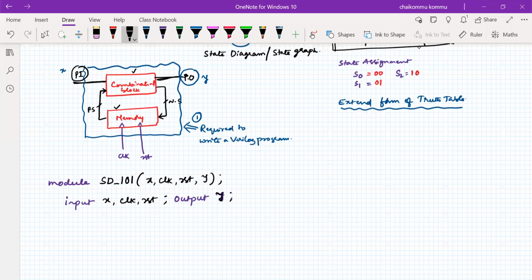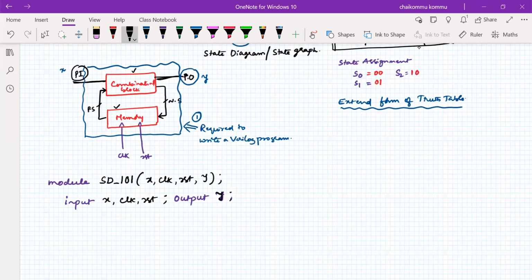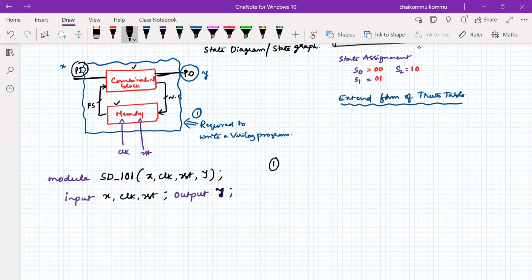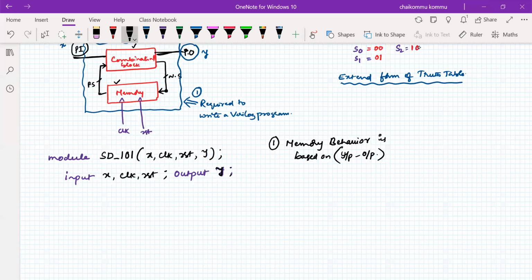So it is very important to note, number one, the behavior of the memory is based on input output. From the input output we can write, for example, next state is the input and present state is the output.